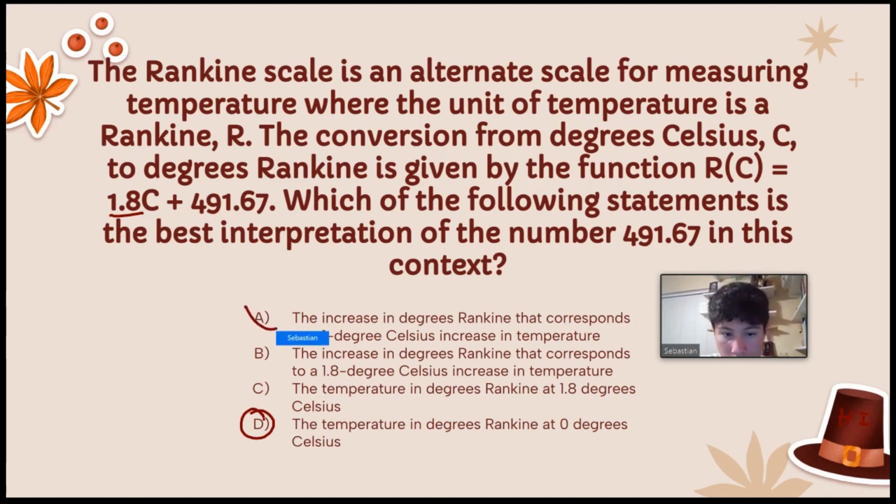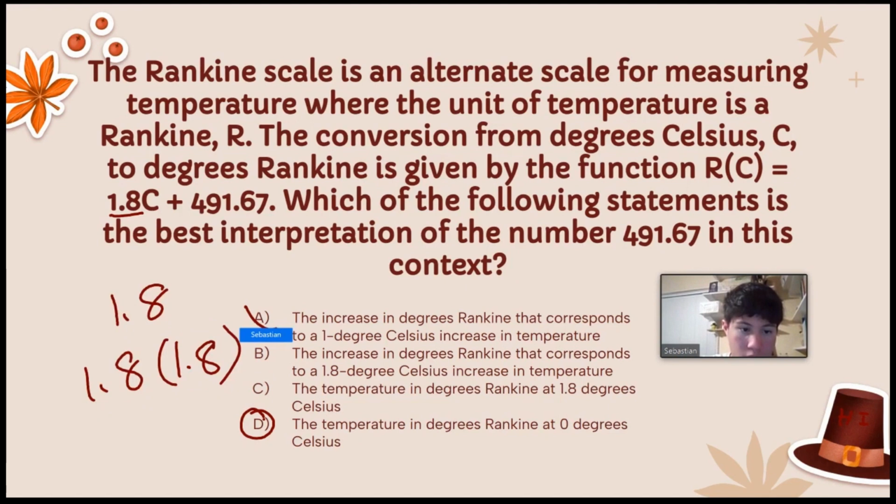B says the increase in degrees Rankine that corresponds to a 1.8 degrees Celsius increase in temperature. This is also not true because when you increase your Celsius by 1.8 degrees, Rankine will go up by 1.8 times your 1.8 increase in Celsius, and that is not 491.67. So we can get rid of that.